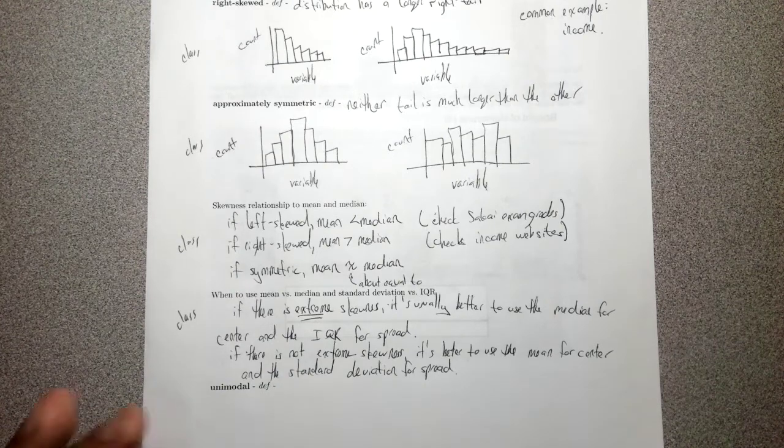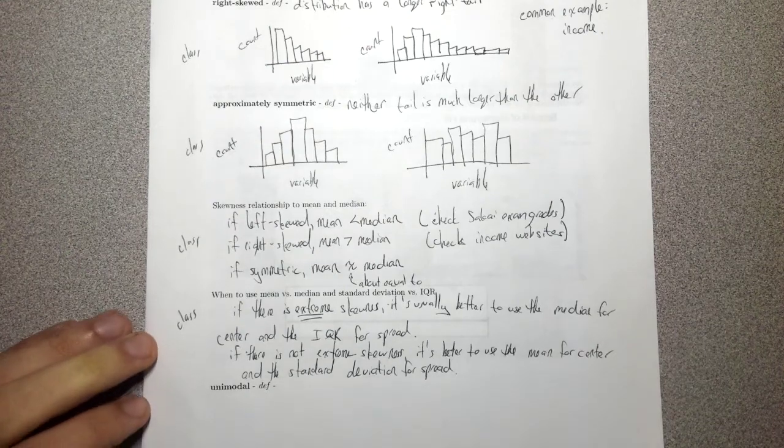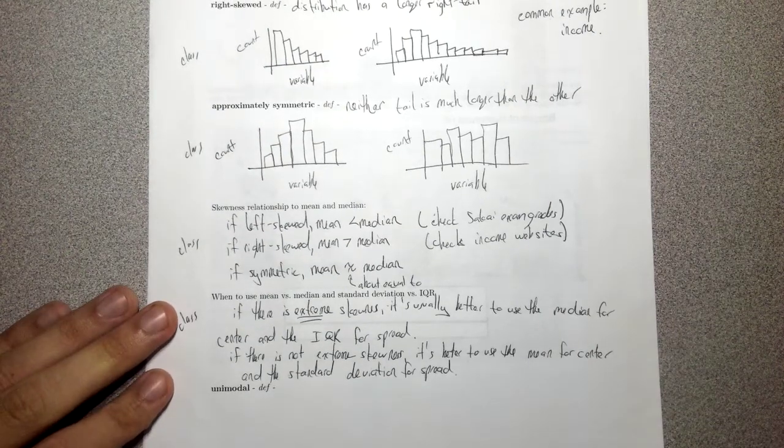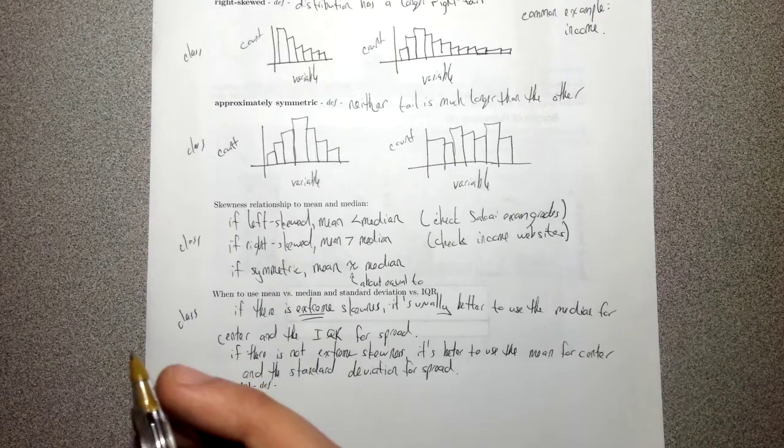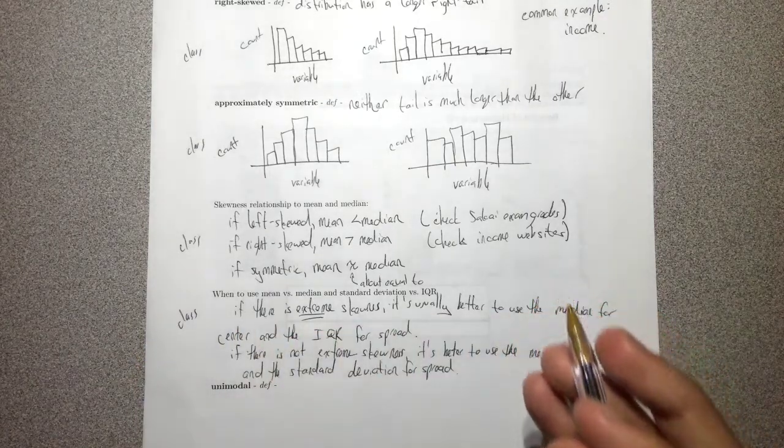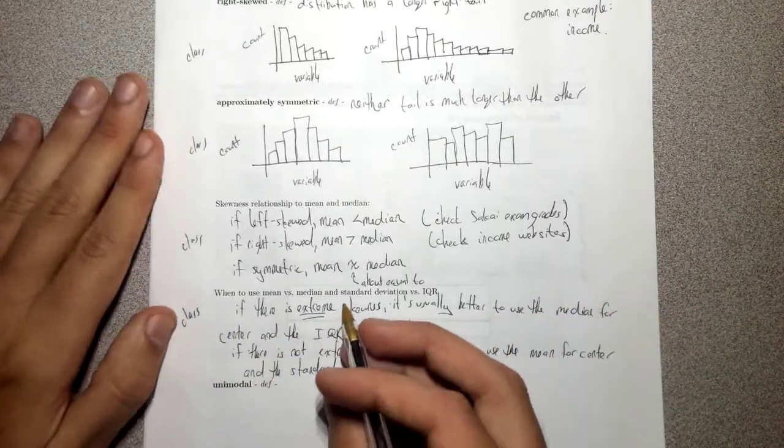Like we've already done dot plots and histograms, this is just a third graph that people often use to look at a single quantitative variable. So before we do that, let's go ahead and finish up with distribution shape.